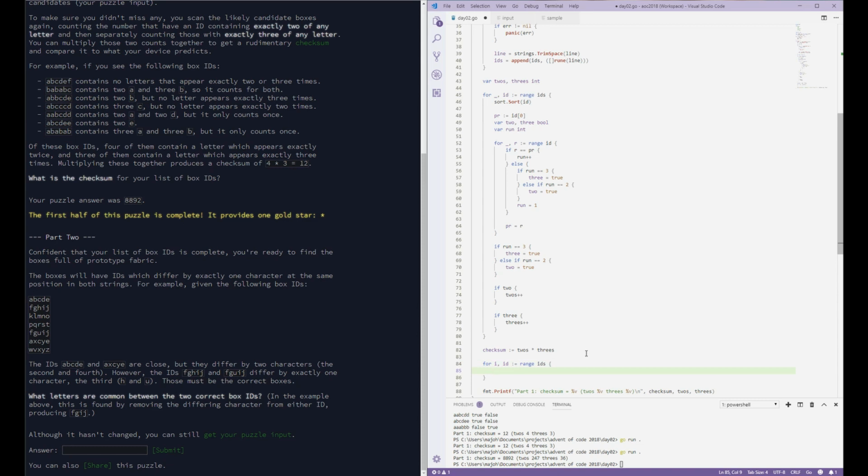So what we want to do is compare two IDs. So basically need to compare each ID by every other ID. So let's do that.